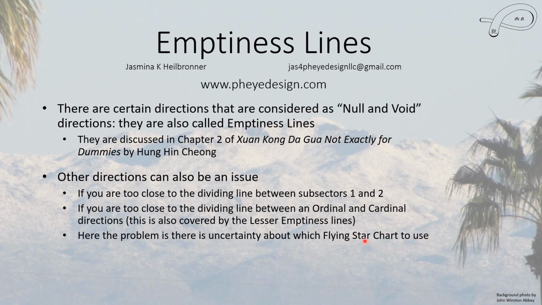These are a problem because if you're too close, there's some uncertainty about which flying star chart to use, and also there's uncertainty about the purple-white chart too. So if your house is not clear what direction it faces, you don't have these two charts. And that really limits what you can do with Feng Shui.